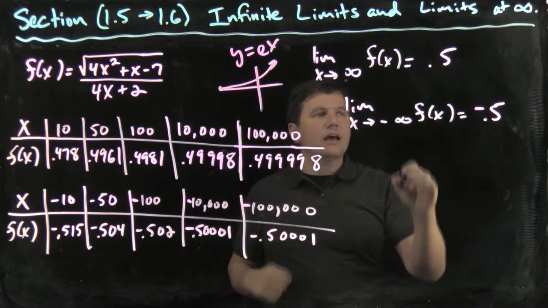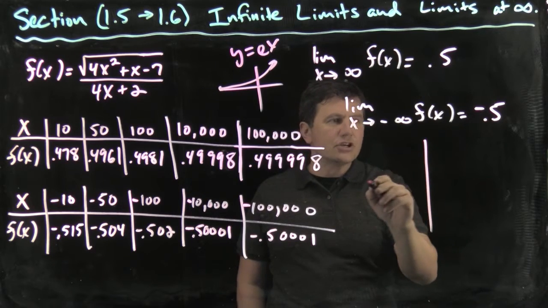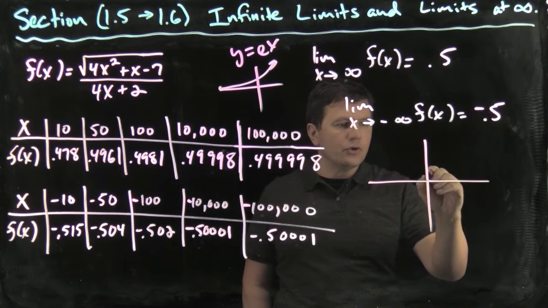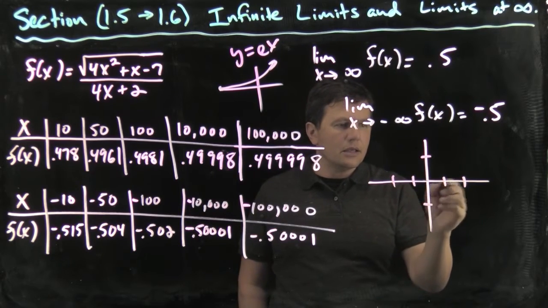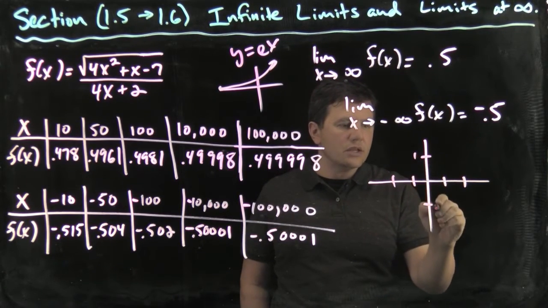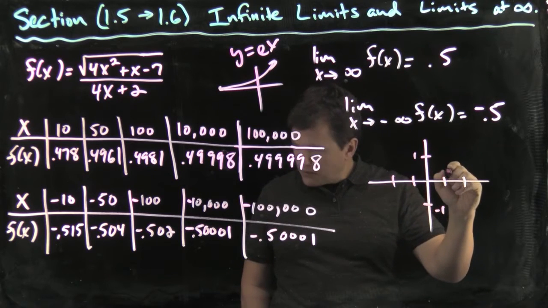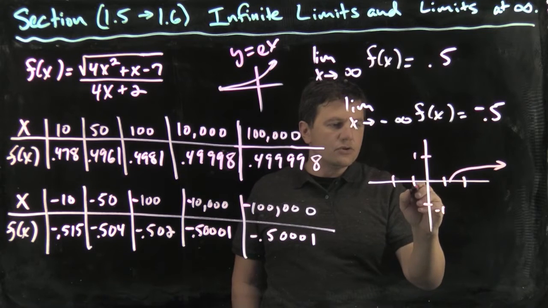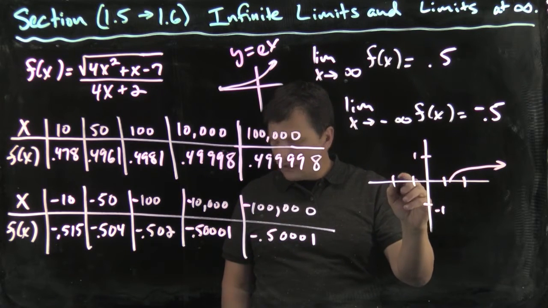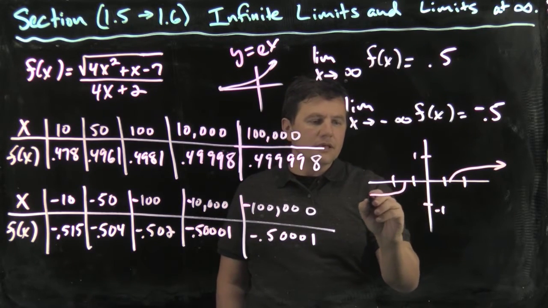Okay, so anyways, if I actually graph this, it's a pretty peculiar function, and it looks something like this. So if this is 1 and this is negative 1, it looks something like this. And in the other direction, it looks something like this.